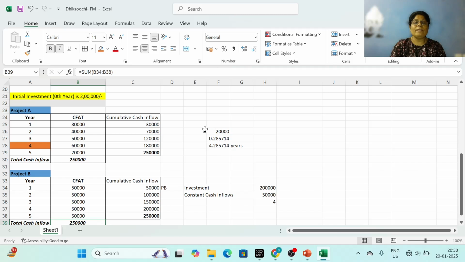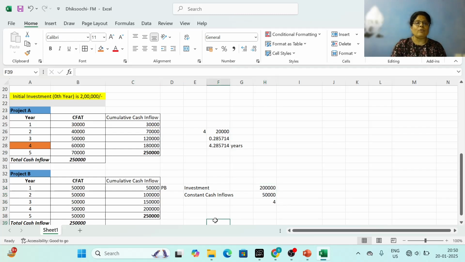Now, if you apply the same method you applied for project A, here the amount we need to collect is 2 lakhs. So when are we going to collect the 2 lakhs here? It is exactly equal in year 4. So your payback period for project B is 4. So either you can apply this method or this method. It is going to give you the same kind of answer.